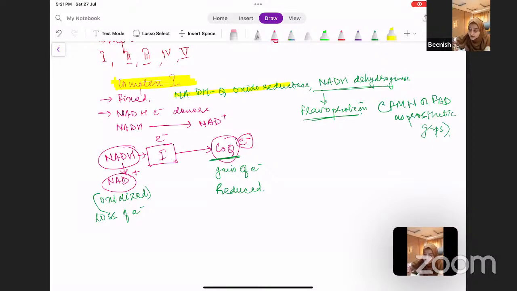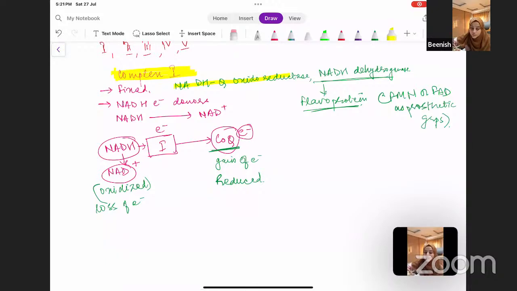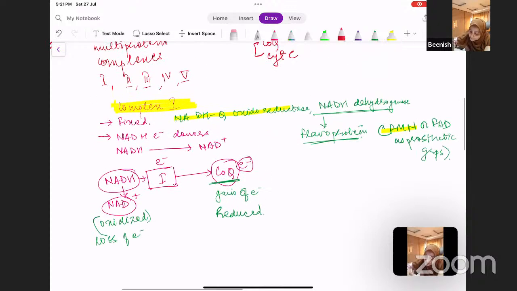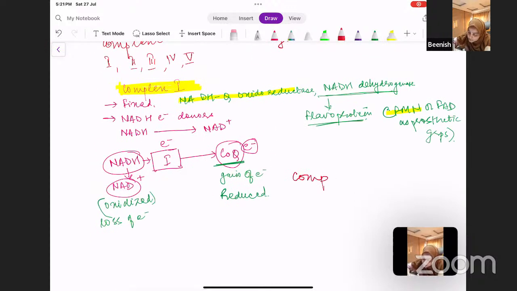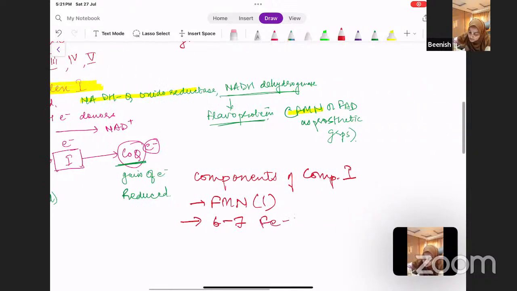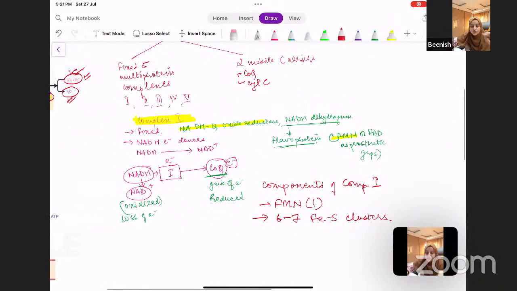It is a flavoprotein, so it has either FMN or FAD. Here in complex 1 you have FMN. The components of complex 1 are one molecule of FMN and 6 to 7 iron sulfur clusters.